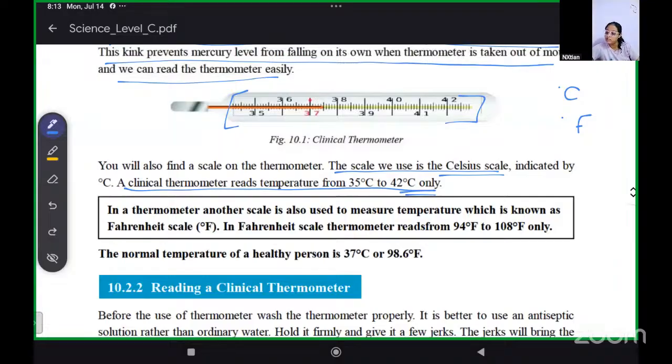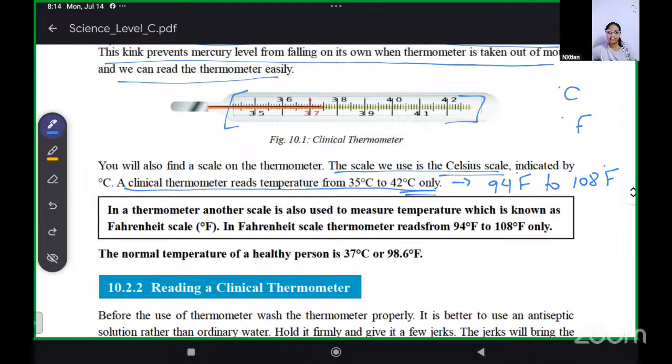If we convert it to degrees Fahrenheit, it is 94 degrees Fahrenheit to 108 degrees Fahrenheit. Have you ever heard somebody say they had a 104-degree fever, or a 108-degree fever? Yes, ma'am.